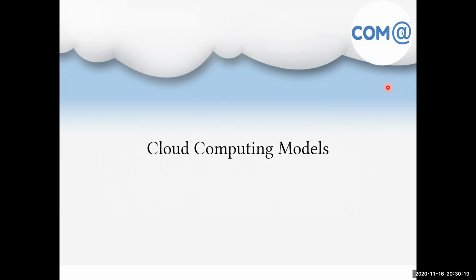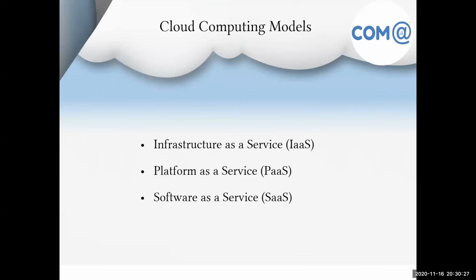Let me move on to the next stage, where we need to understand the cloud computing models. Basically, there are three cloud computing models. Not these three alone, there are many cloud computing models out there. Infrastructure as a service, platform as a service, software as a service.